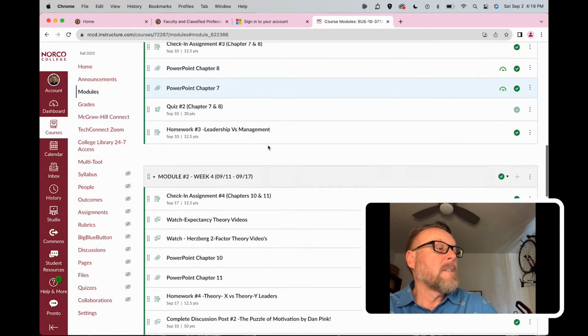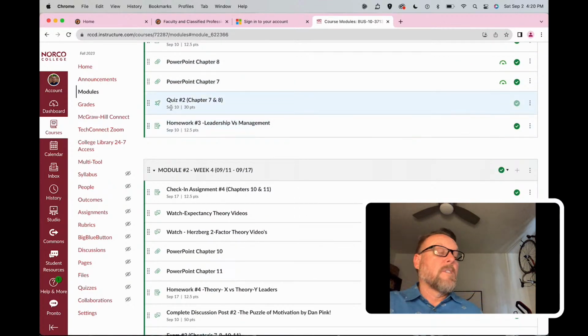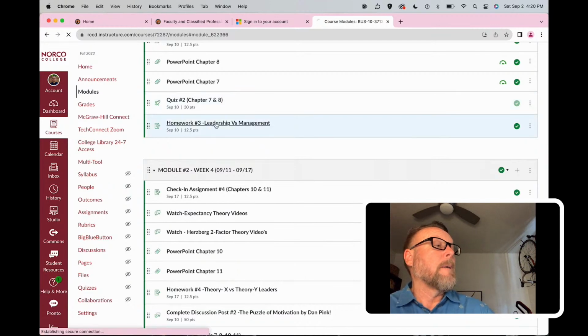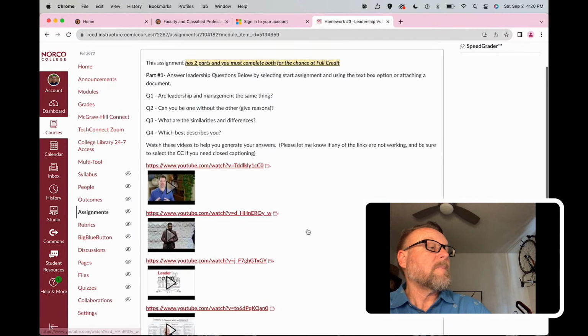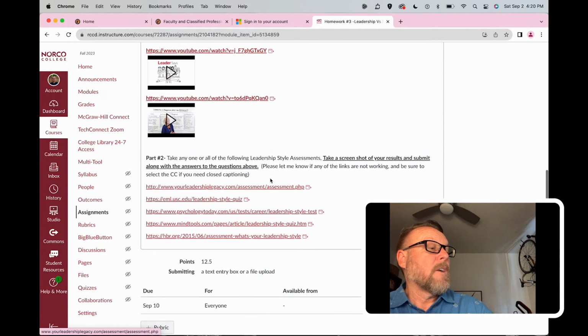Then again, there's a quiz, and then you have homework number 3, which is really comparing leadership and management. So I ask you a couple of questions about the two. What is leadership? What is management? Are they the same? Are they different? And so on. So make sure you answer that. I believe there's also a leadership assessment that you're supposed to take. Let me see. Yes, so down here there are 5 or 6 different assessments.